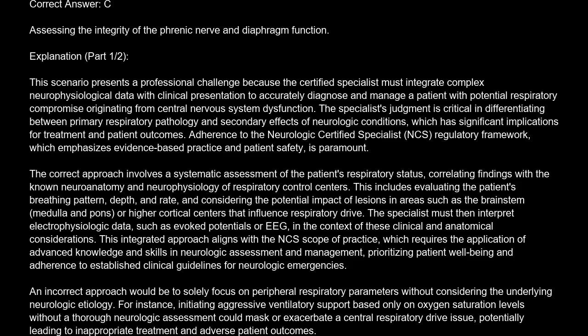An incorrect approach would be to solely focus on peripheral respiratory parameters without considering the underlying neurologic etiology. For instance, initiating aggressive ventilatory support based only on oxygen saturation levels without a thorough neurologic assessment could mask or exacerbate a central respiratory drive issue, potentially leading to inappropriate treatment and adverse patient outcomes.